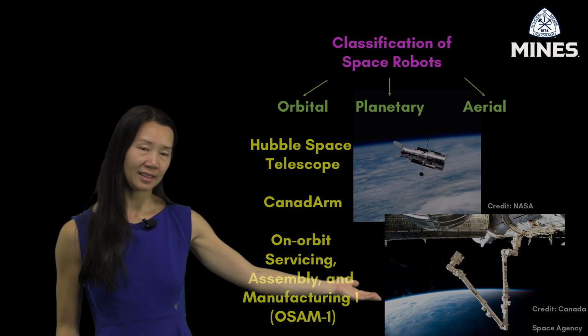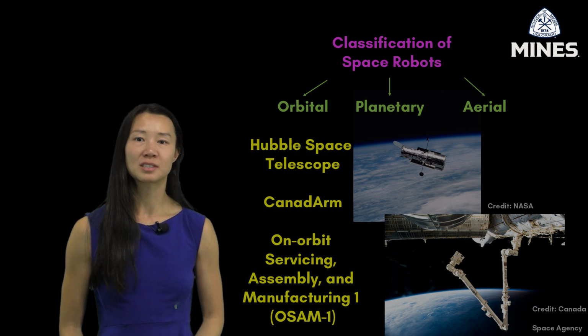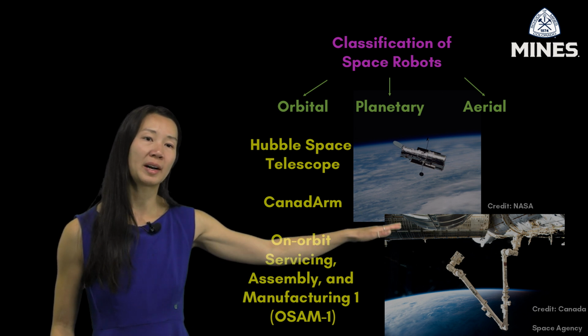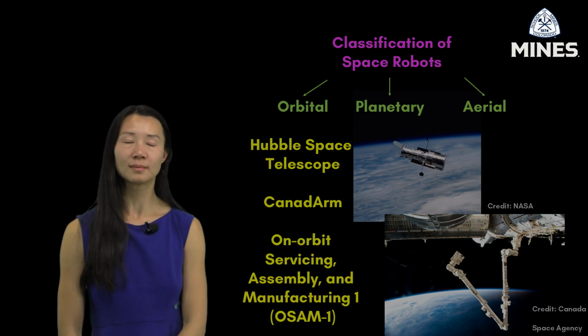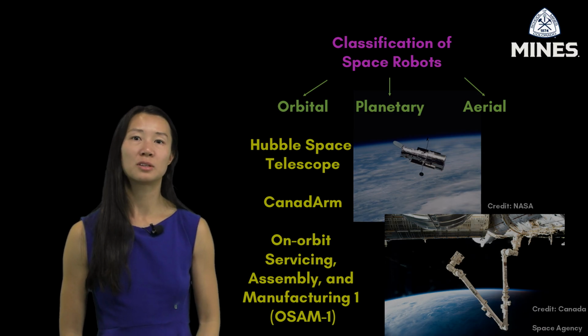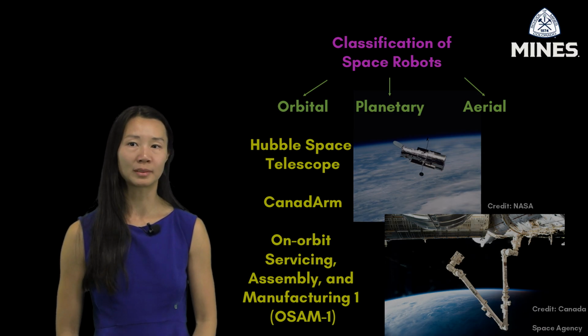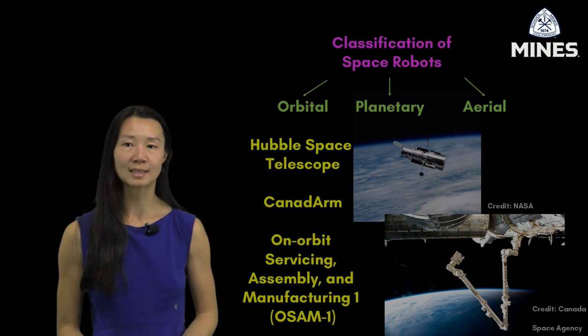And you can see that Canadarm over here. Canadarm is provided by the Canadian Space Agency as a part of the International Space Station Collaboration, which is the robot or the space station that Canadarm is connected to. Canadarm's job is to dock with spacecraft and potentially move those spacecraft around for assembly, as well as move astronauts around the space station for exterior maintenance.